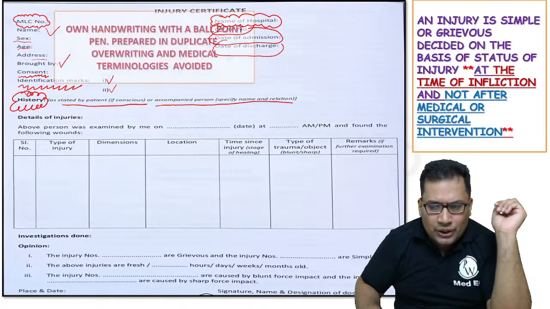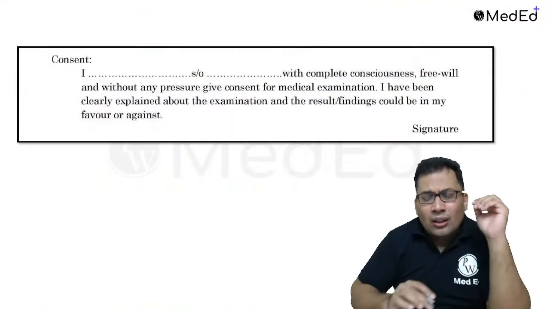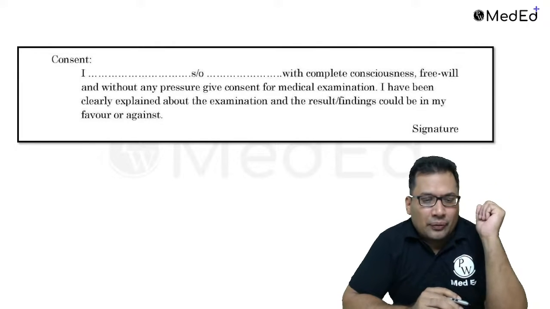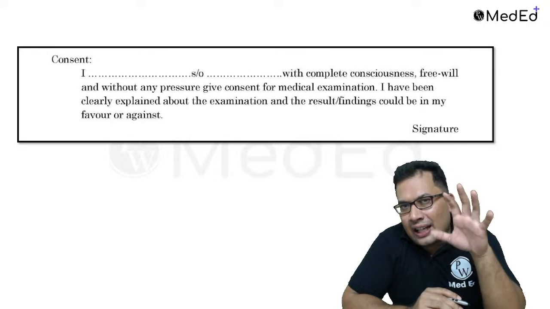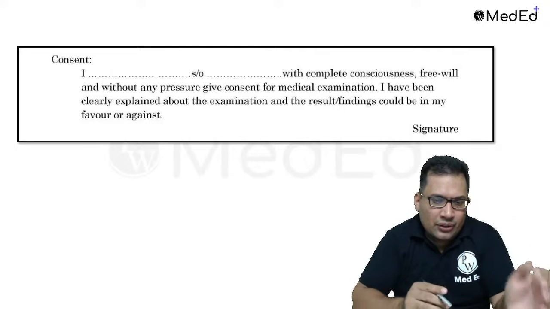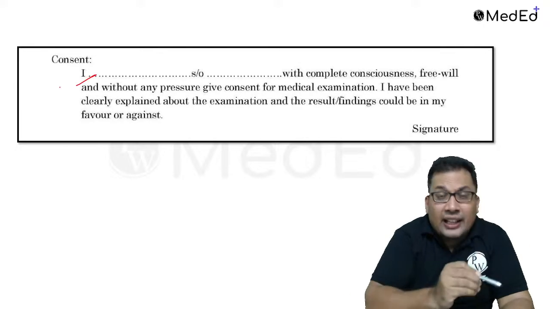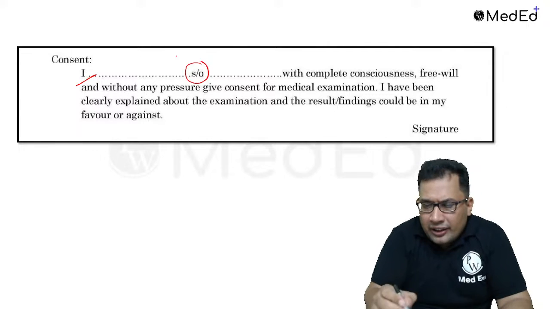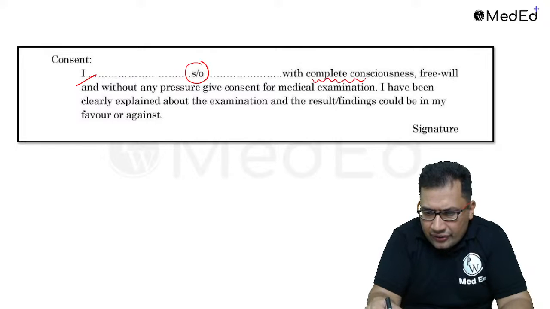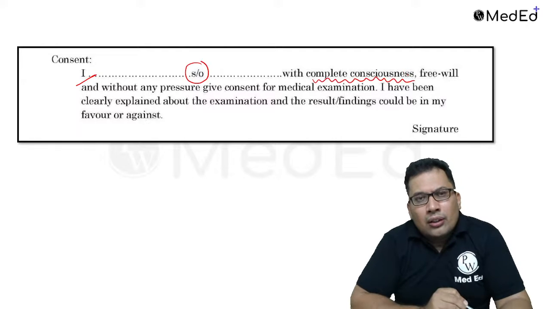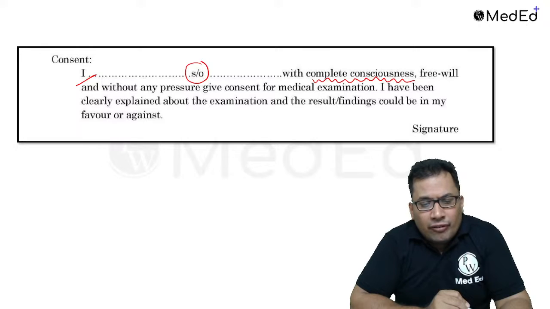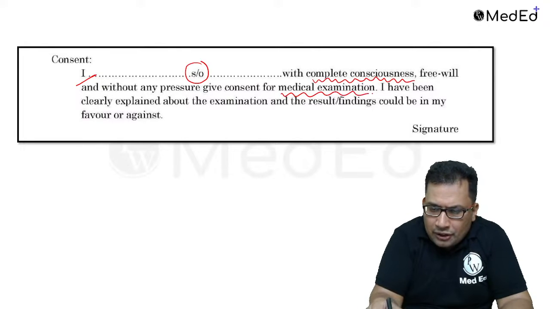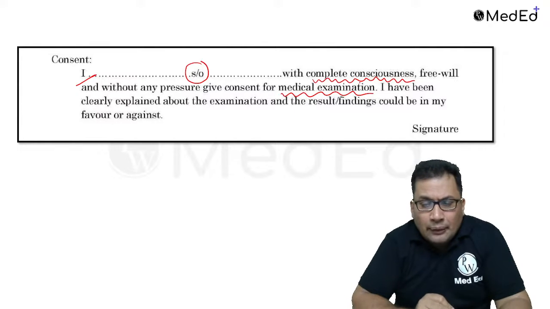Sometimes in the exam the question can be asked how to write consent, the exact words related to consent. You need to write these classical or common words: I, that is the patient name, son of, with complete consciousness, free will, without any pressure, give consent for medico-legal examination, that is the injury certificate.